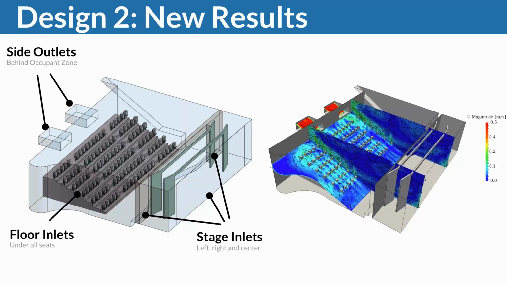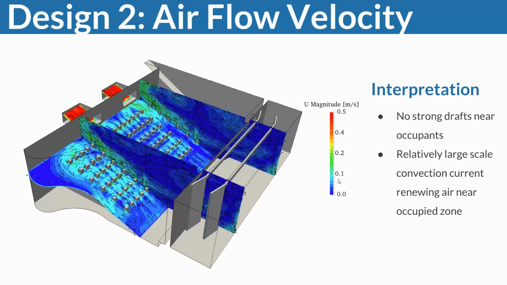And here on the right, you can see again the velocity field, and that already looks like something that we like more, right? Let's dig deeper. We can immediately see that we've reduced the areas in which we have very high velocity north of 0.3 meters per second significantly, right?